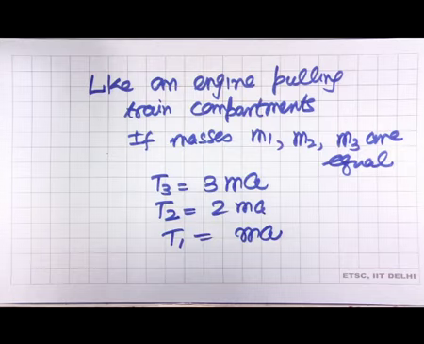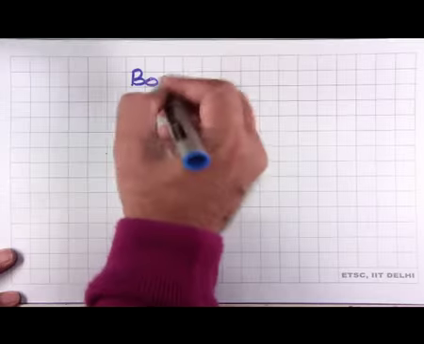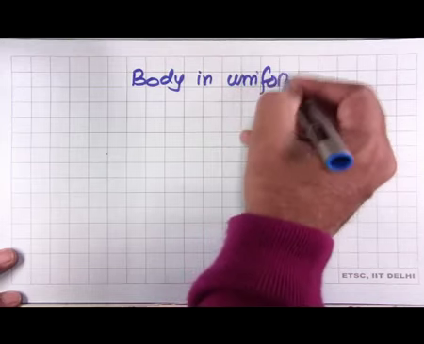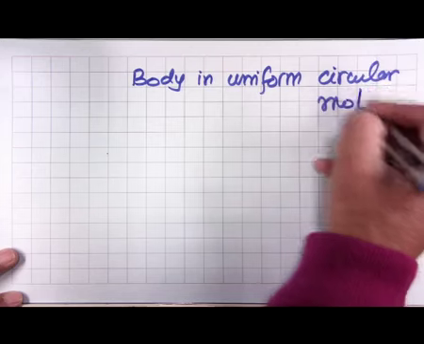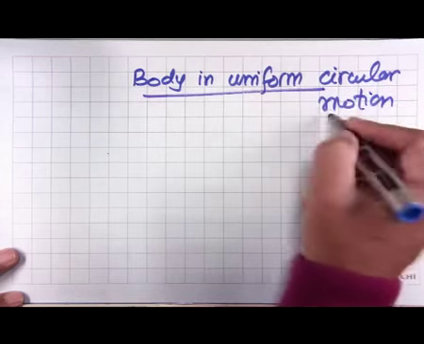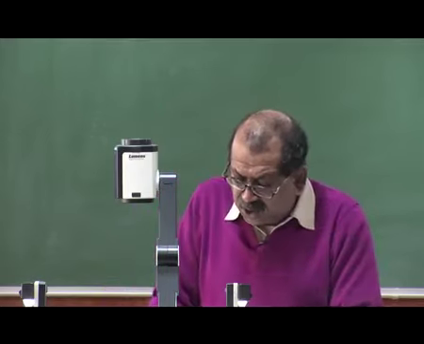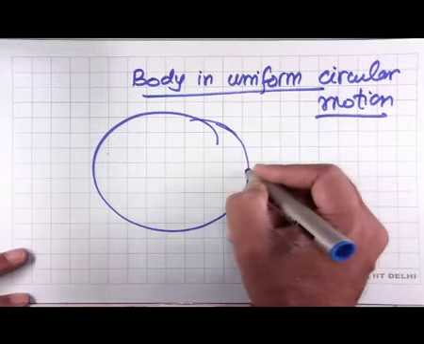So, having seen this example, let us now revisit the case of a body in uniform circular motion. We have already seen an example of this, but let us once again recap this. When a body is in circular motion, that means it is moving in a circular track like this.